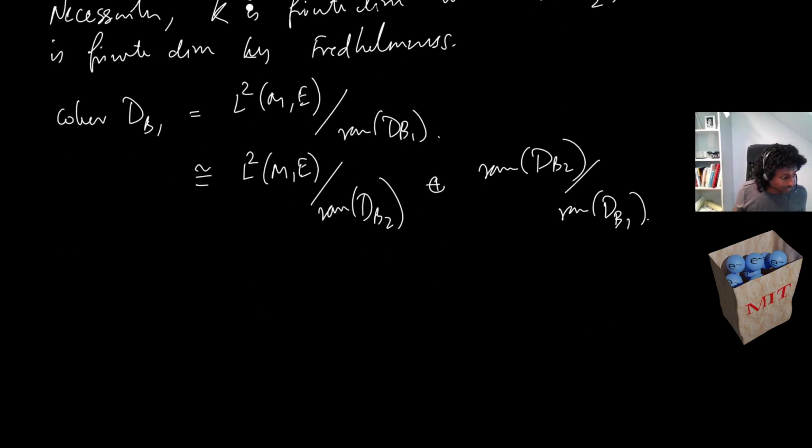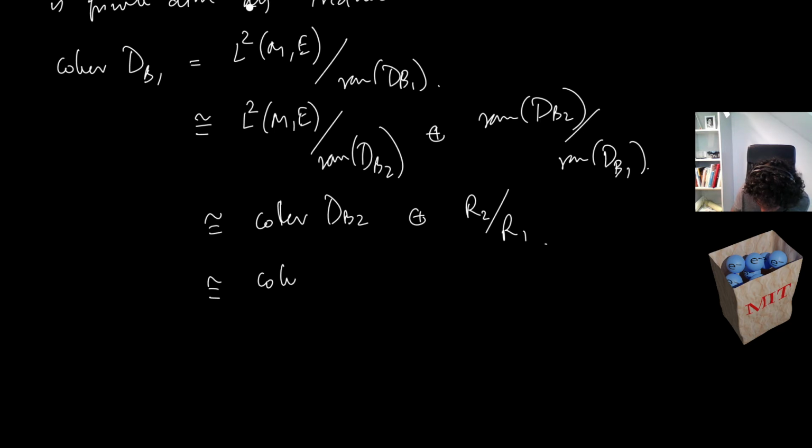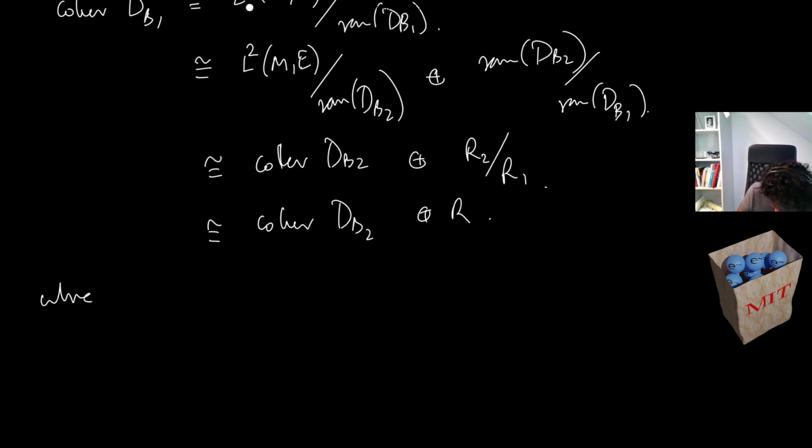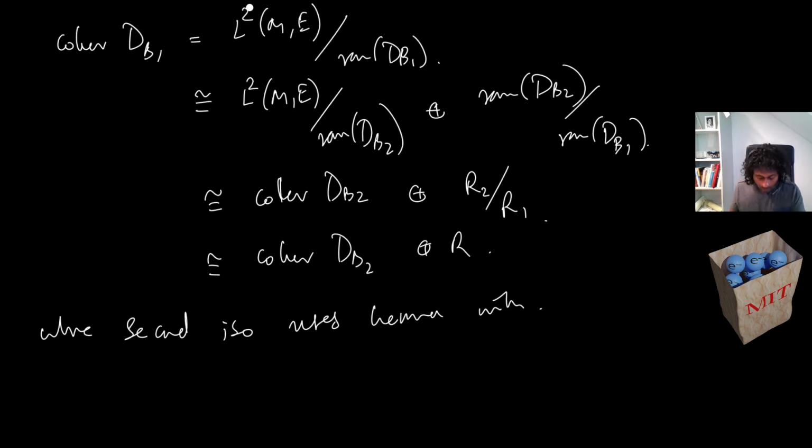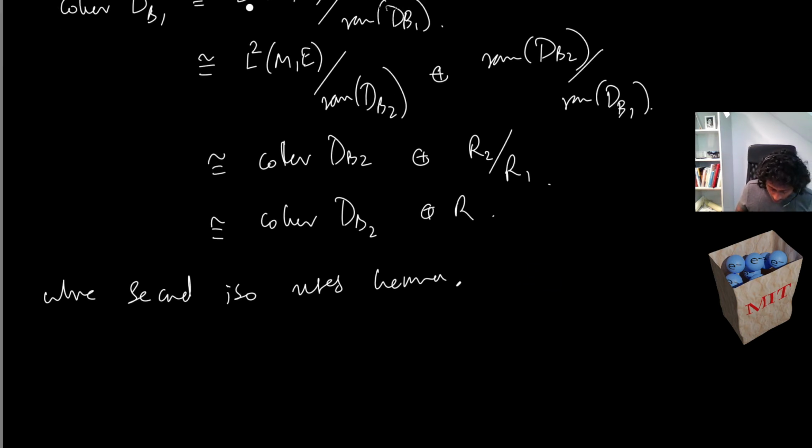So this is the co-kernel of dB2 plus R2 mod out R1, which is precisely isomorphic to the co-kernel of dB2 plus R, where the second isomorphism uses the lemma with the right identifications, okay?